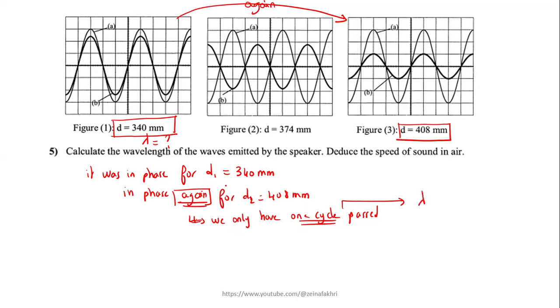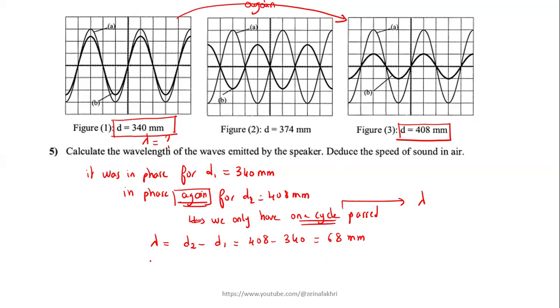So to find the distance between them, how far I moved, I can say directly that lambda is equal to D2 minus D1, which is equal to 408 minus 340, which is equal to 68 millimeter. Now the question is to find the speed.